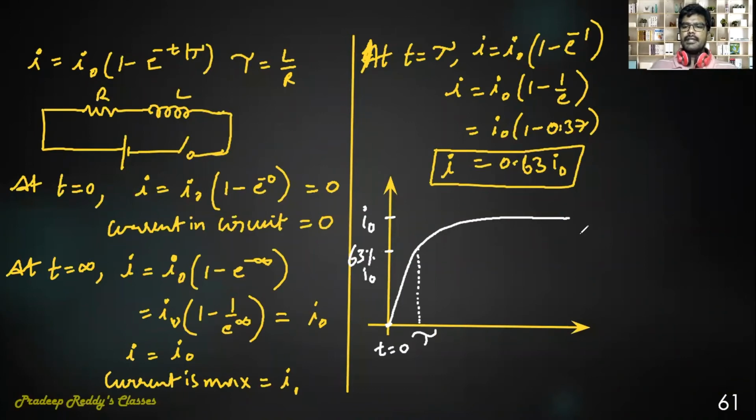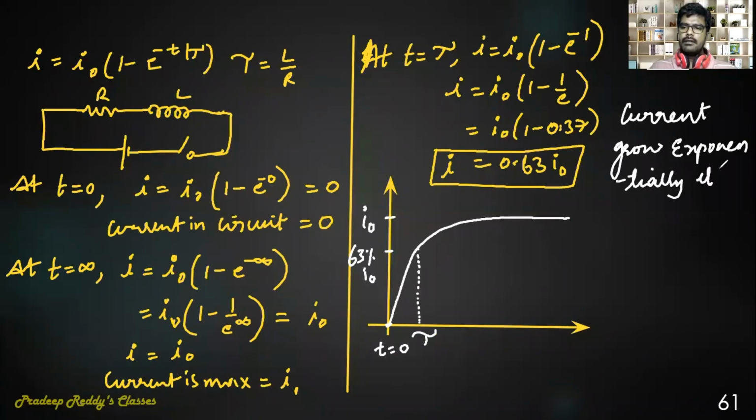From this graph, you can clearly understand that current grows exponentially till it reaches a maximum value I naught.